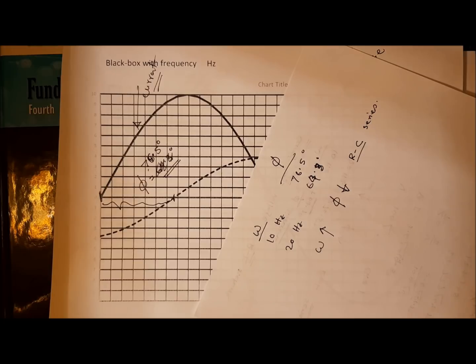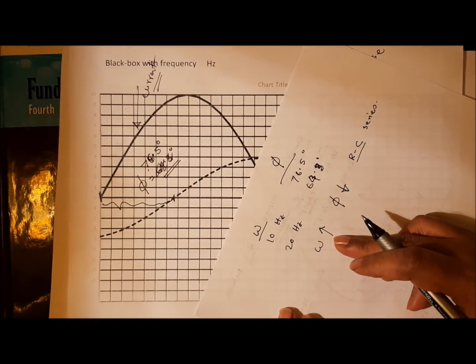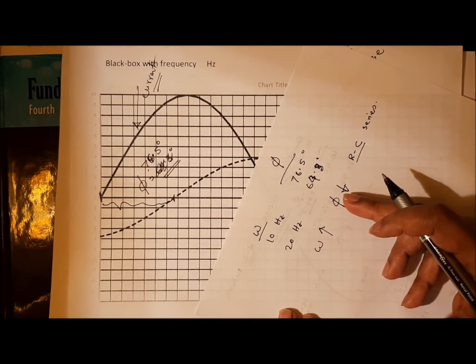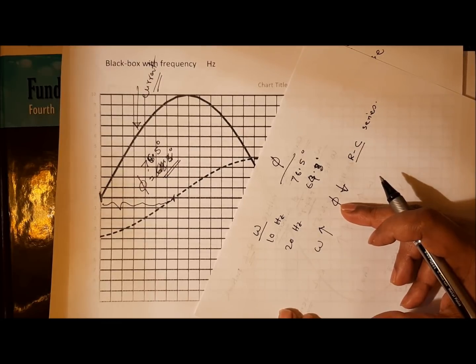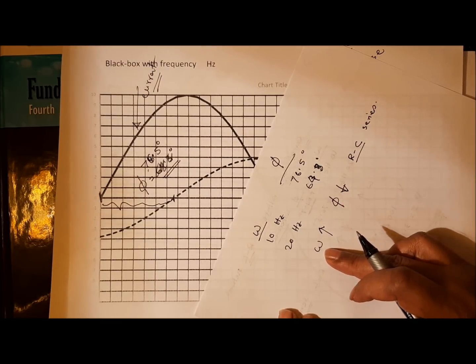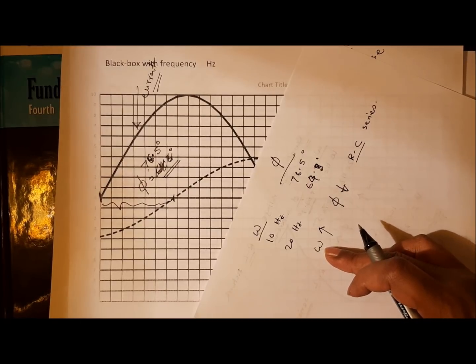For the RL series you found that if omega increases, the phase angle increases. Now here we don't look at the sign of the phase angle, we just look at the difference.